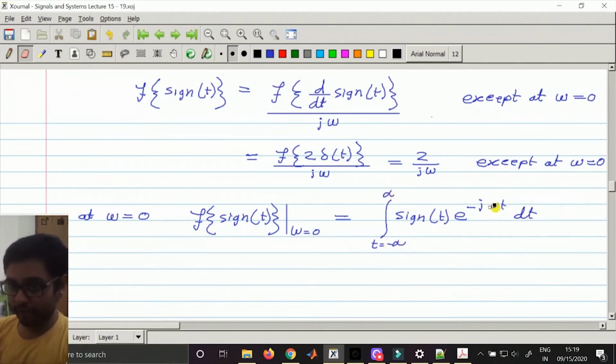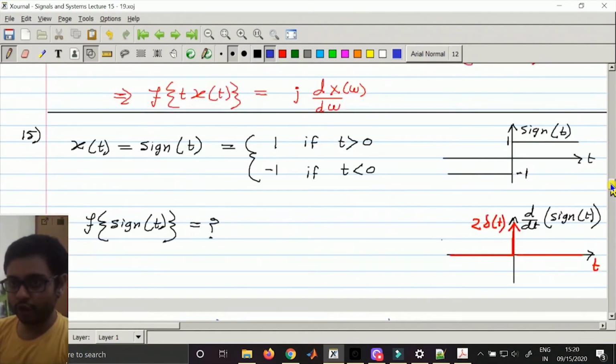Here omega is 0, so e to the power 0 is 1, and we have basically signum t integrated from minus infinity to plus infinity.